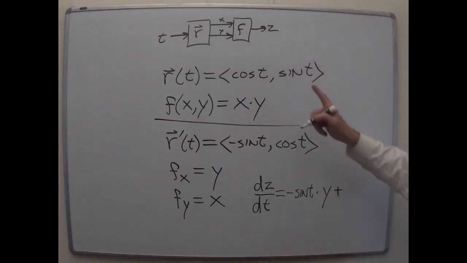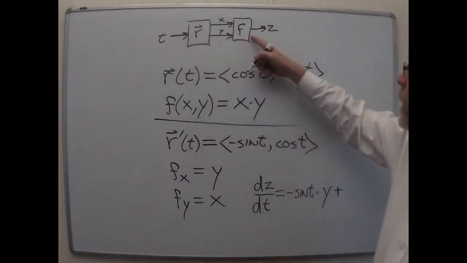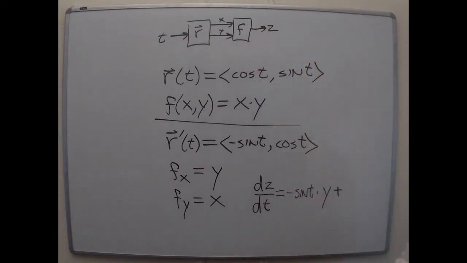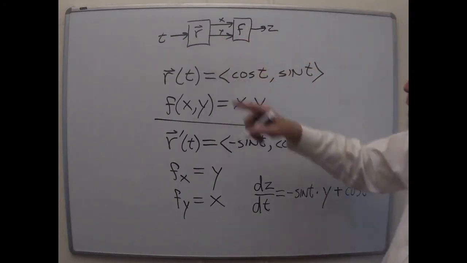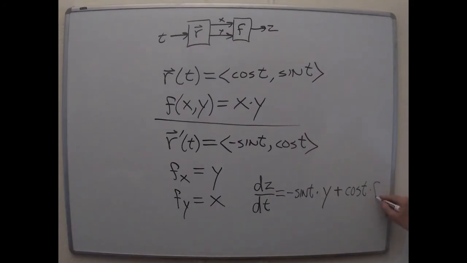Plus, there's going to be a piece where we pass through the lower branch of that thing, and there we need the derivative of the y-coordinate of r, which is cos t. And then the derivative of f here with respect to its y input variable. I was going to write f sub y, but we know what it is. It's x.